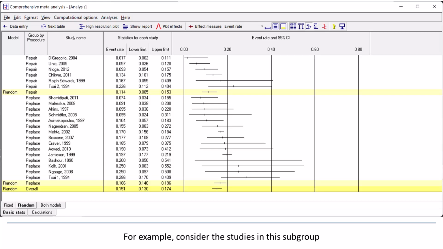For example, consider the studies in this subgroup. If we believed that these studies were all based on the same population and were identical to each other in all important respects, we would use the fixed effect model to estimate the common effect size here, and that effect size would apply only to that one population.